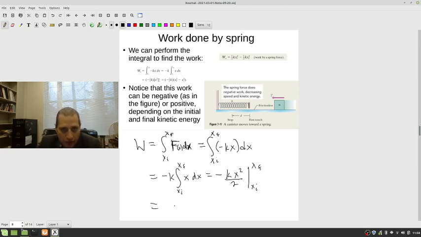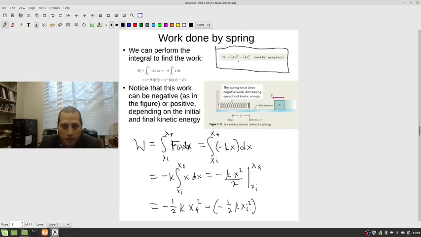So the work that is done would be, let me just try to write it like they have it, minus 1/2 k x final squared minus a minus 1/2 k x initial squared. And it's minus a minus, so that's a plus. So that's where we get to this equation. The work done by a spring is basically 1/2 k x initial squared minus 1/2 k x final squared.